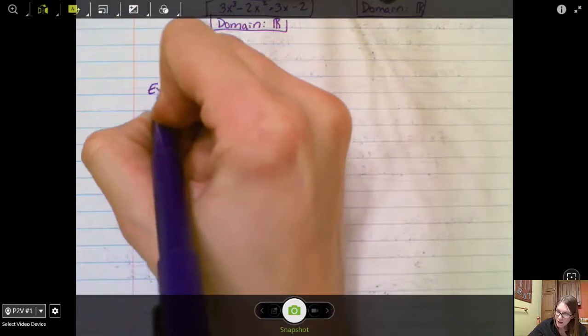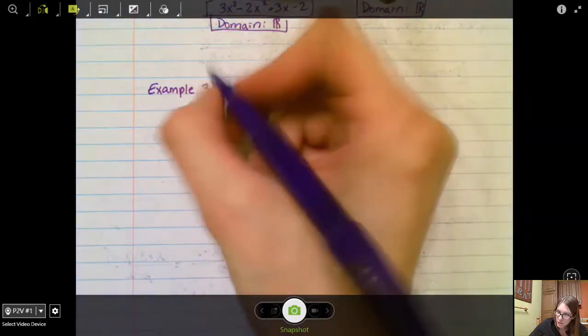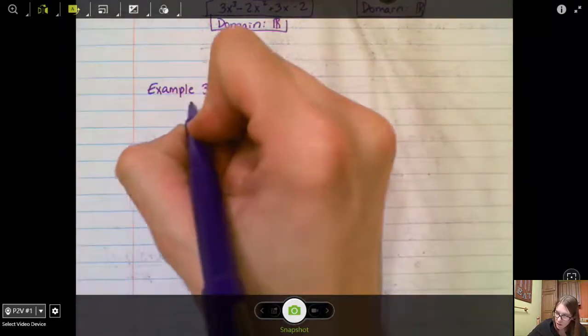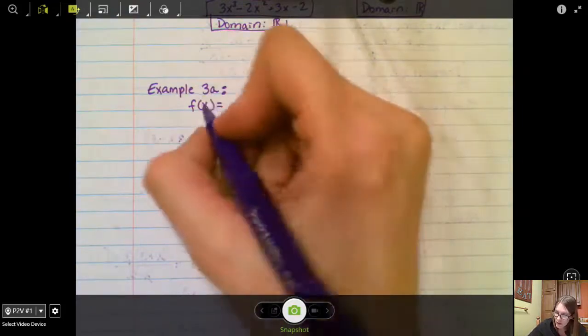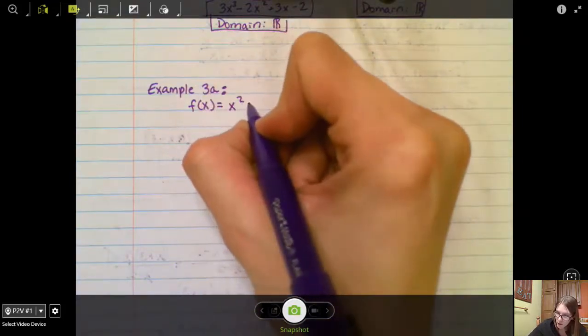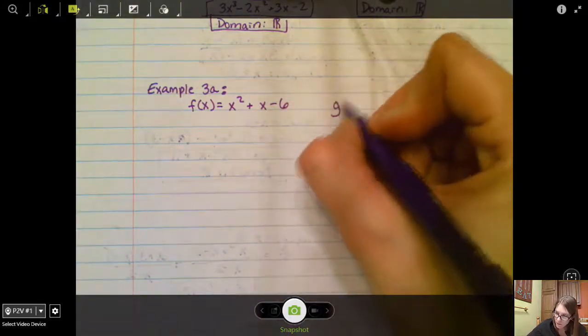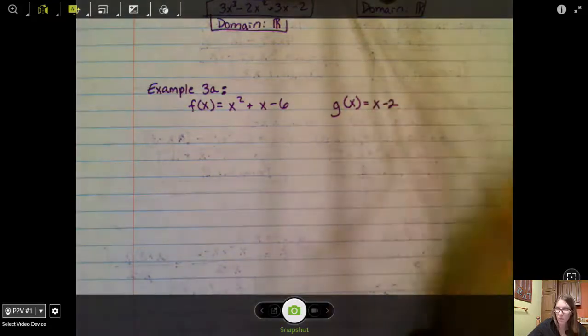But here is function composition. Example 3a. Let's use our same functions from example 2a. If you had those ones down, f of x was x squared plus x minus 6, and g of x equals x minus 2.